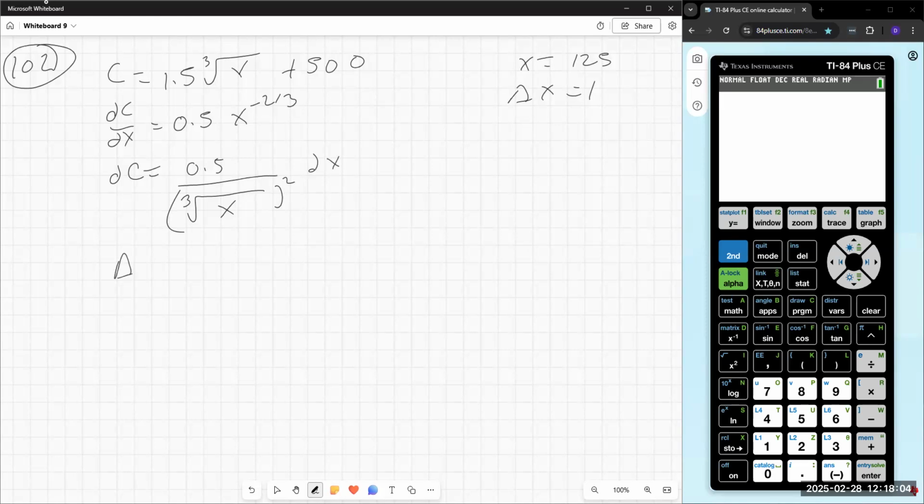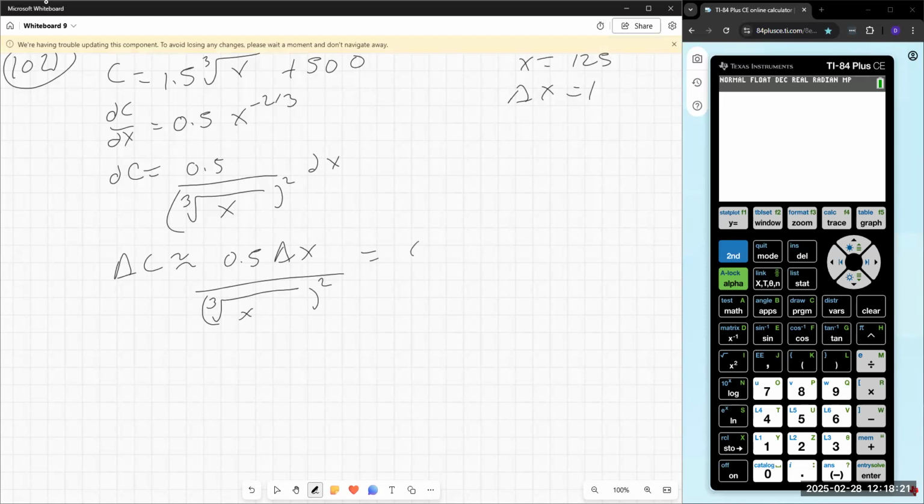So delta C is just about 0.5 times delta x over the cube root of x quantity squared, which would be 0.5 times 1 over the cube root of 125 squared.